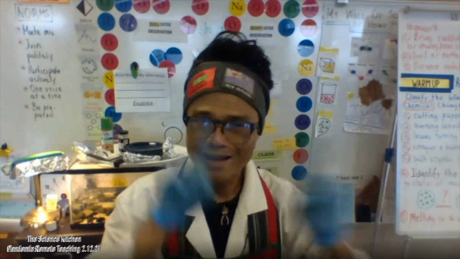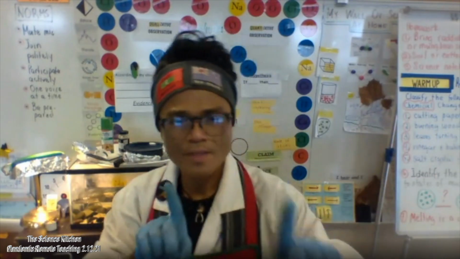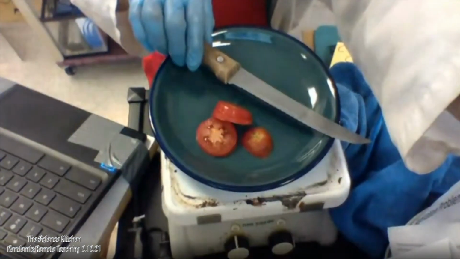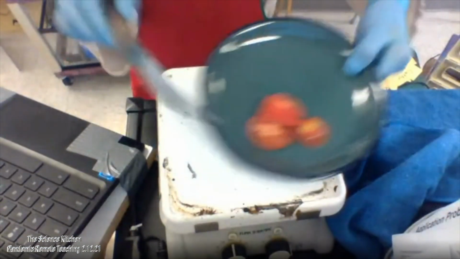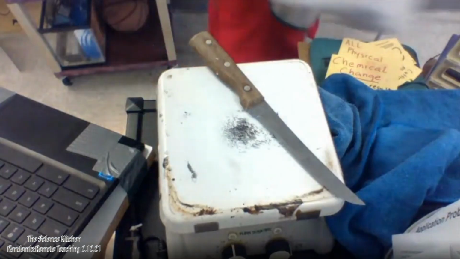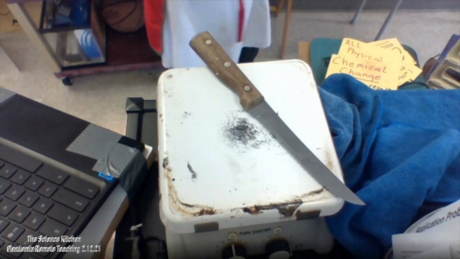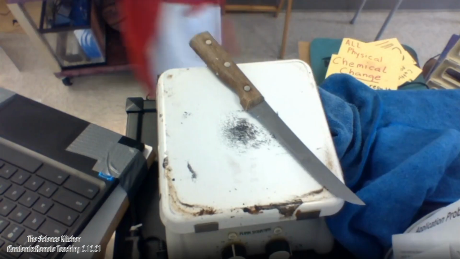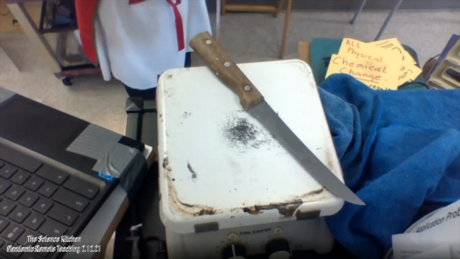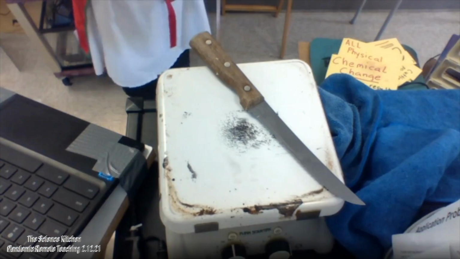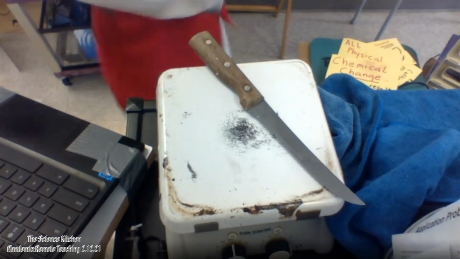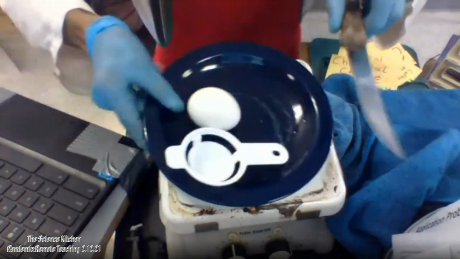All right, next step. Since this is an egg sandwich, I need to crack the egg. So I'm going to say the sliced tomatoes, and the next step is the fresh egg.